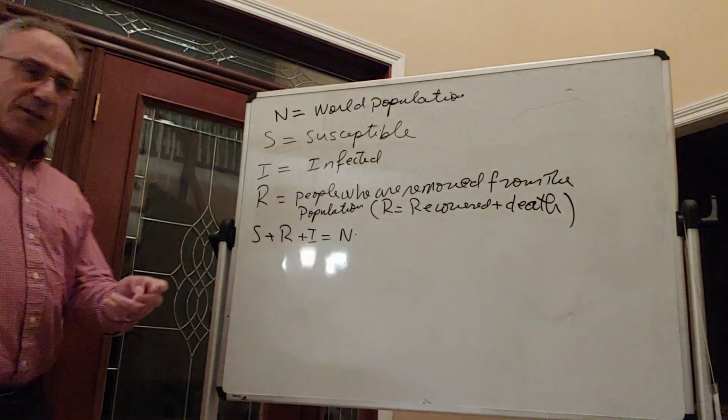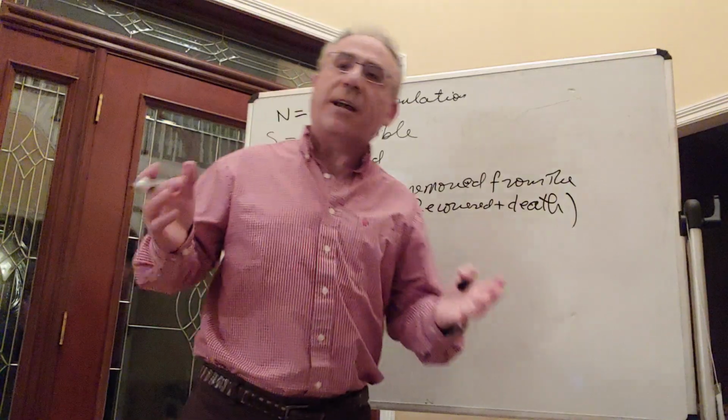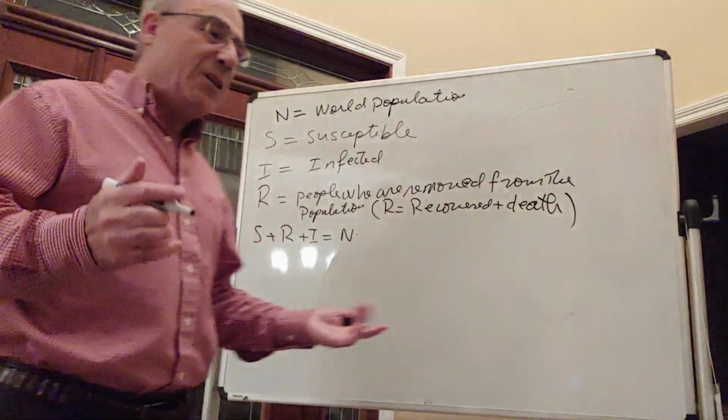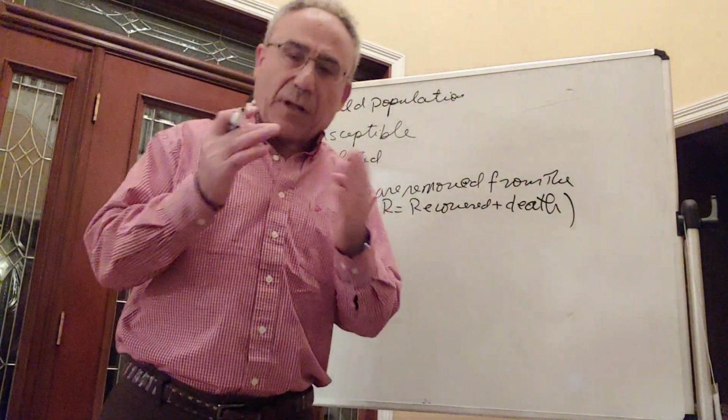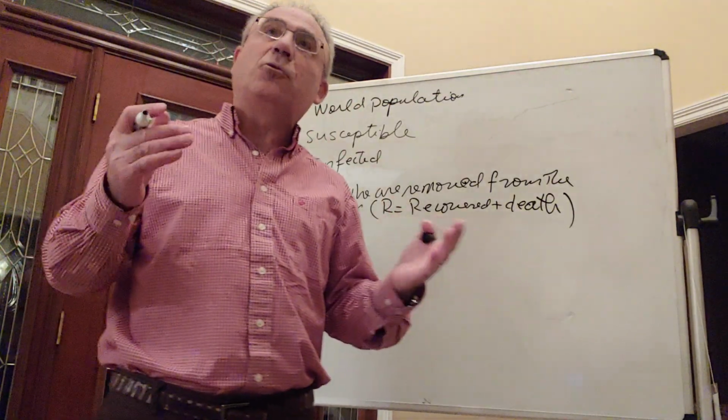Okay, so in calculus, you always study the derivative. What is a derivative? The derivative is basically the rate of change. Everything in life depends on time, so the rate of change here is with respect to time.